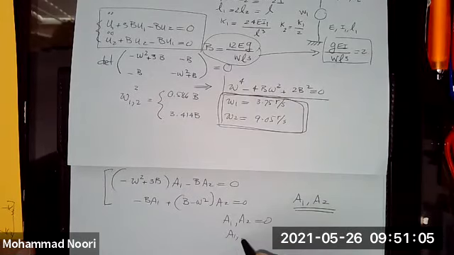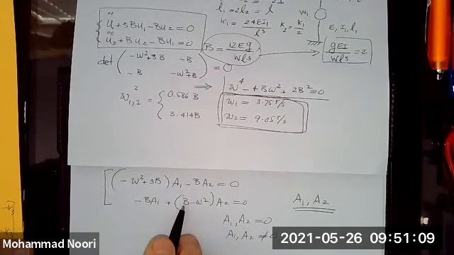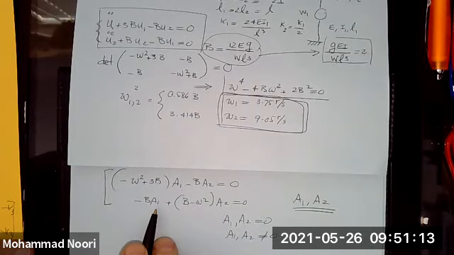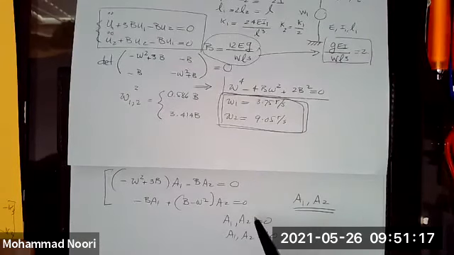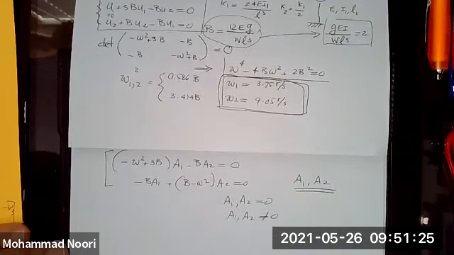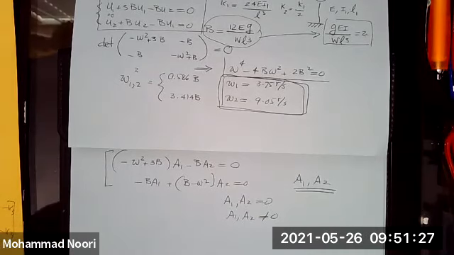The non-trivial solutions, these are not independent equations. So all you can find is to take either of the two equations, divide it by the other variable, and find the ratio of those two unknowns that you're looking for. So that's what we do.